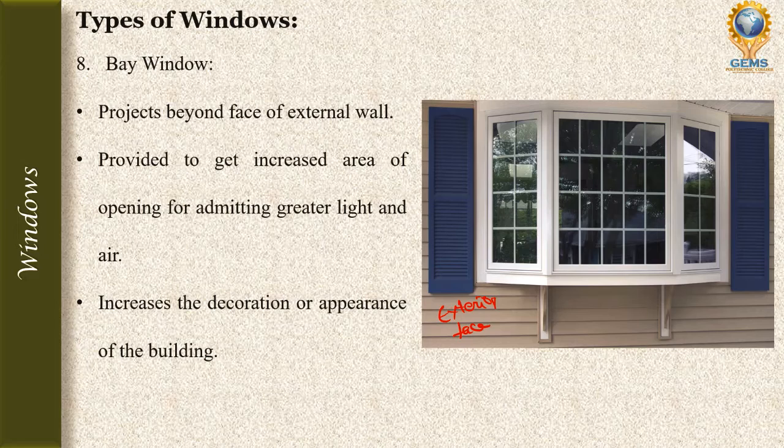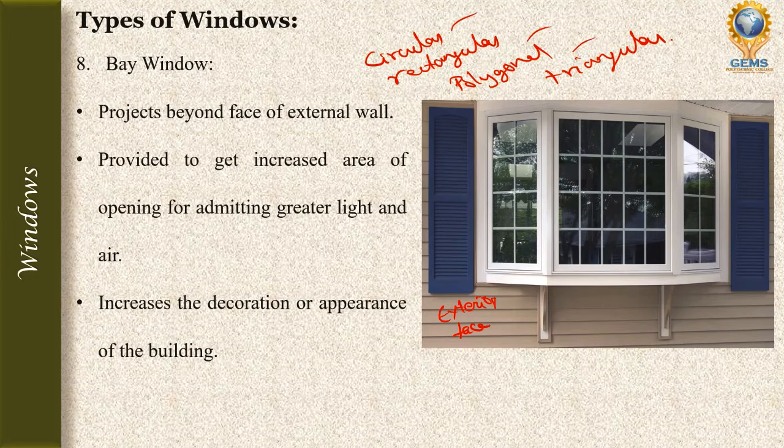That type of window we call a bay window. Bay windows will be circular, rectangular, polygonal, and triangular in shape.